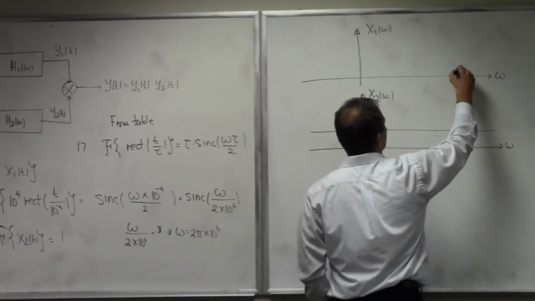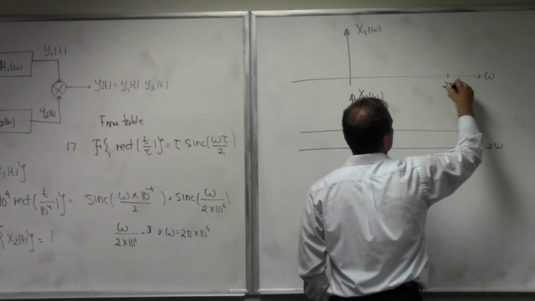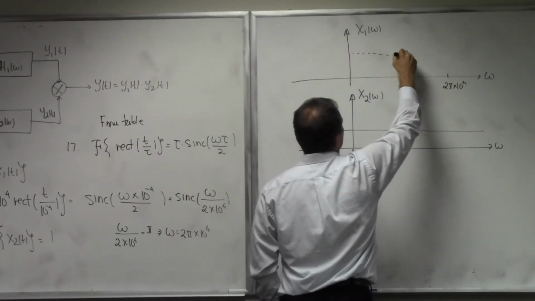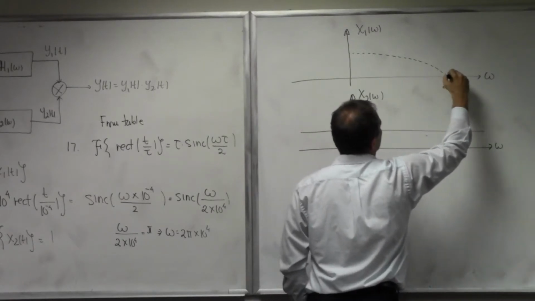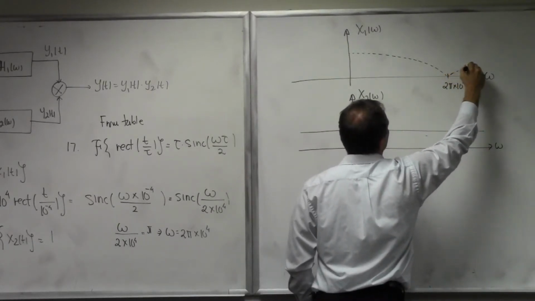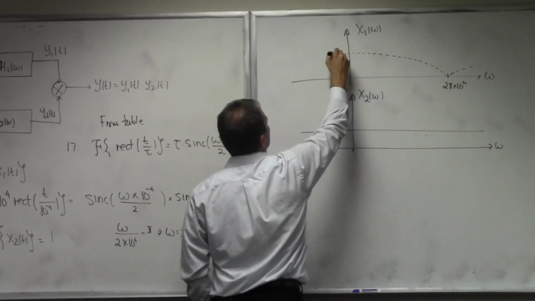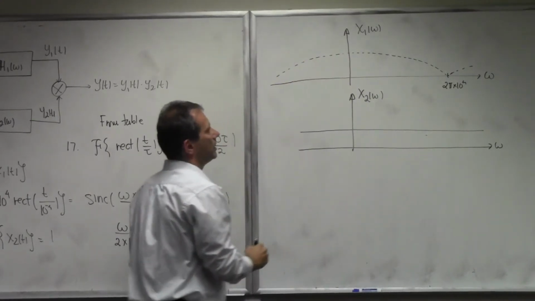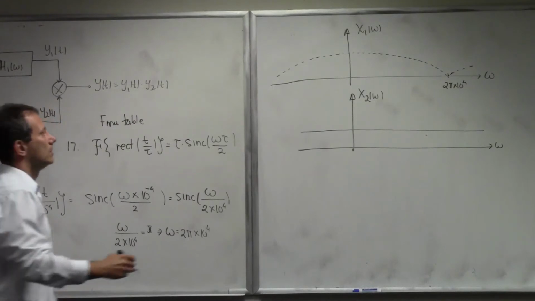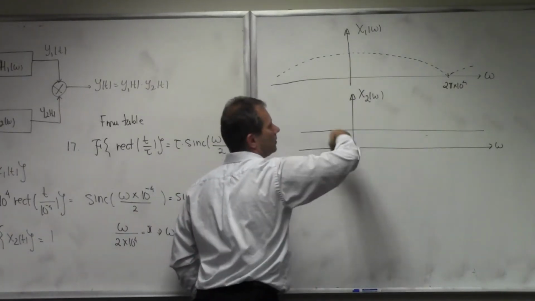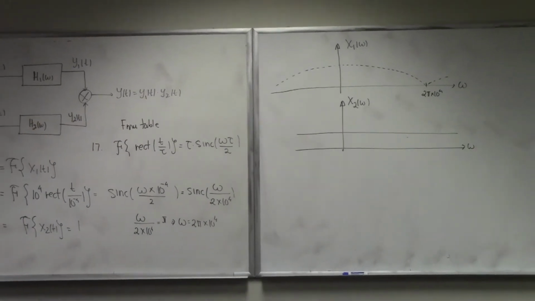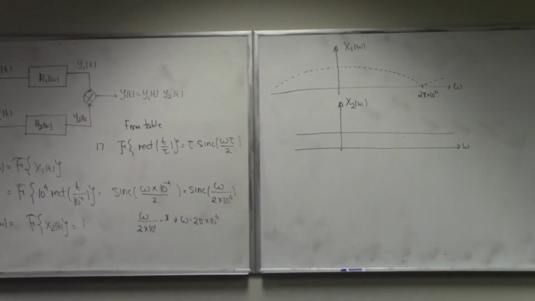So if I put 2 pi times 10 to the 4 here, and then it continues that way, this is my X1 of omega. They're flat for a good set of frequencies. If you look at everything smaller than, let's say, 1 kilohertz, both of them are relatively flat.